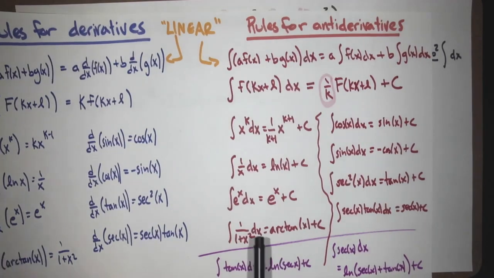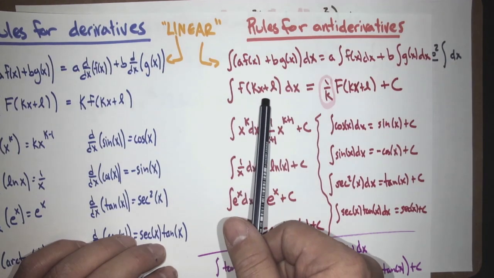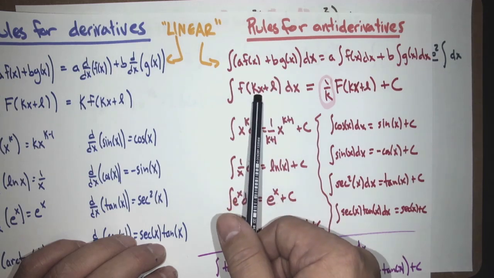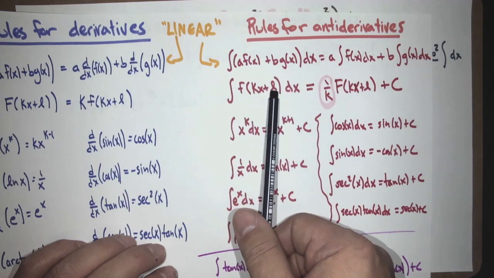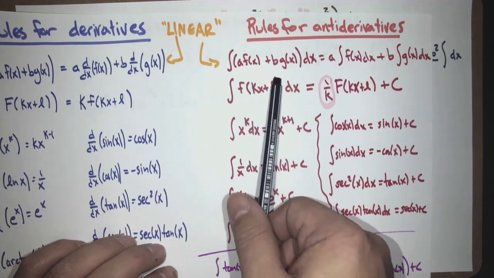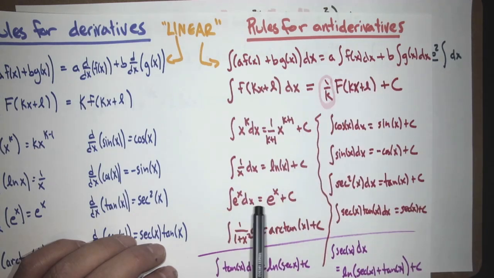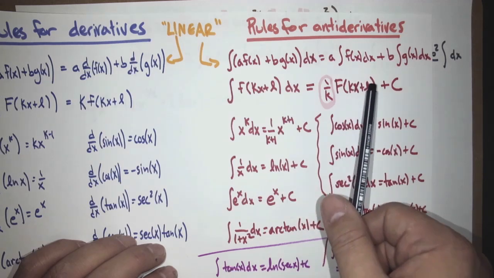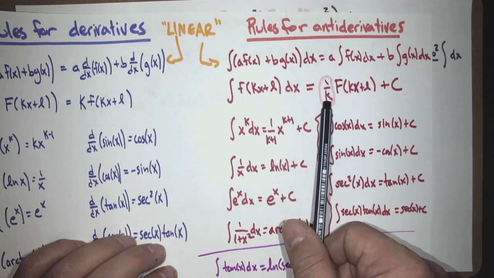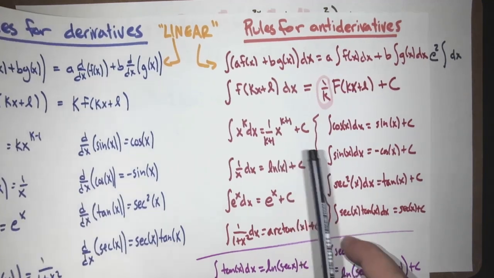Well, we know how to integrate e to the x. But what do we have? We have e to the negative 2x. Well, that's like you have a kx plus l, where k equals minus 2 and l equals 0. So e to the minus 2x falls inside of this category. So when we take the antiderivative, it's like you just take the antiderivative as before, but leave the inside alone, but divide by what's in front of the x term.